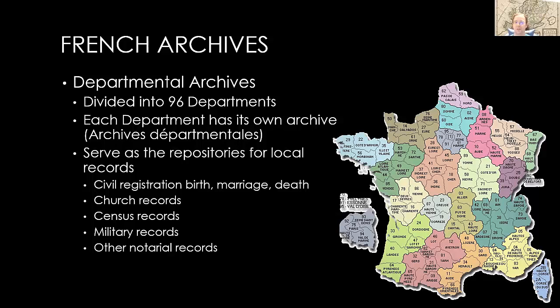So you're going to find your civil registration, your birth, marriage, and death records, the church records, the census records, military records, and other notarial records, real estate, and things of that sort, maybe wills. So you can see you need to know pretty well where your family comes from in order to find the department that you're looking for.